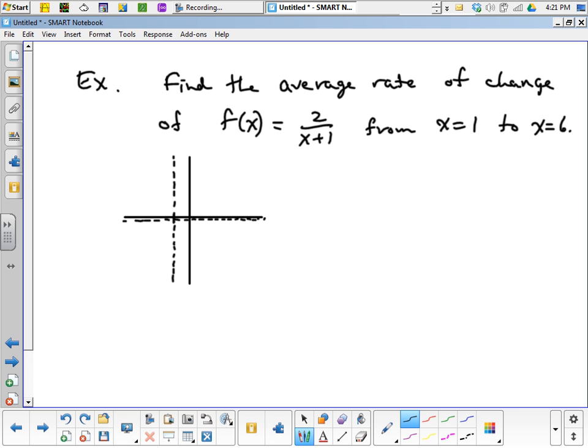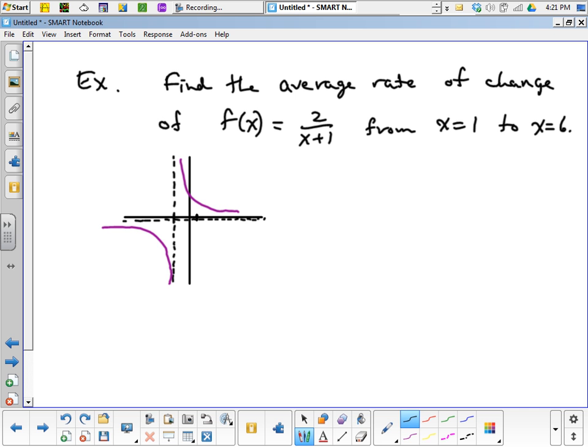All right, and then for the actual curve itself, I'll draw that again in the pink. We basically have the curve branch like this, and a piece like this. Then you would like to find the slope of the line that connects x equals 1 to x equals 6.